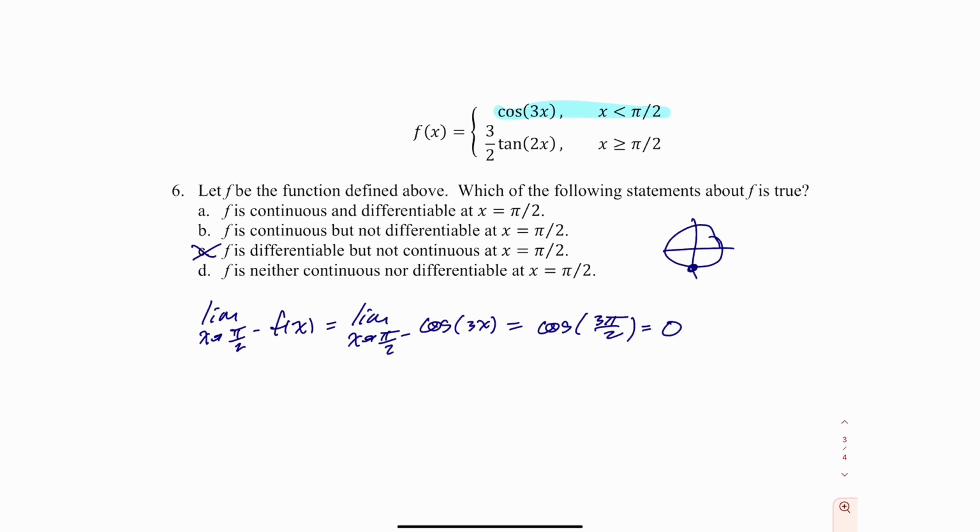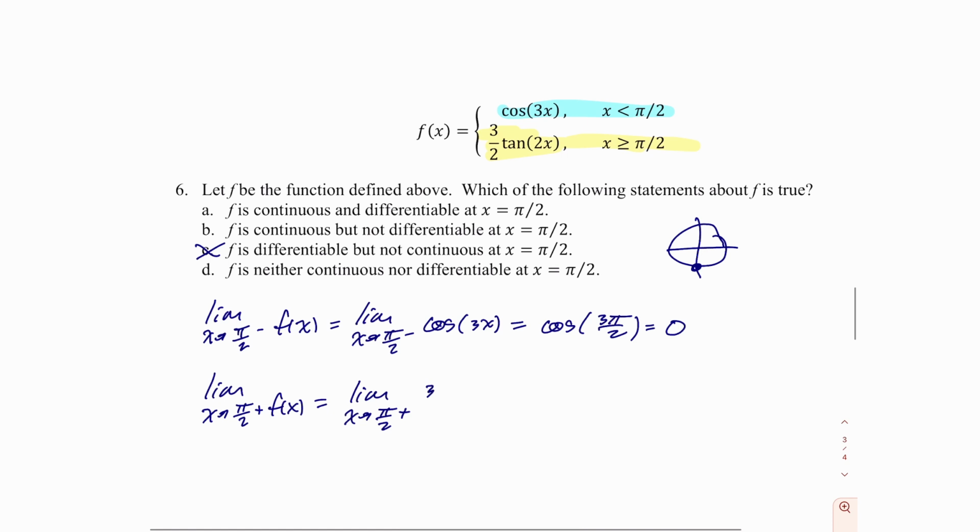Then we need the limit as x approaches pi over 2 from the right of f of x. If we are approaching from the right, that'll be 3/2 tangent of 2x.